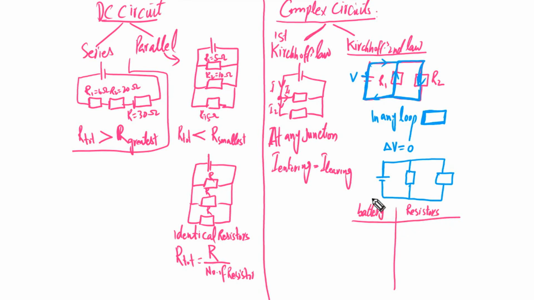So for a battery, if we go from negative to positive, in this direction, you have to take V positive, meaning you will gain voltage. And if we go in the opposite direction, from positive to negative, we will take V negative because we will lose voltage in this case.